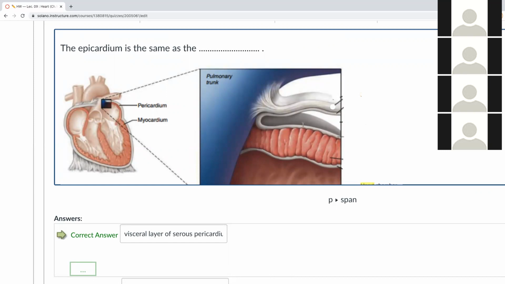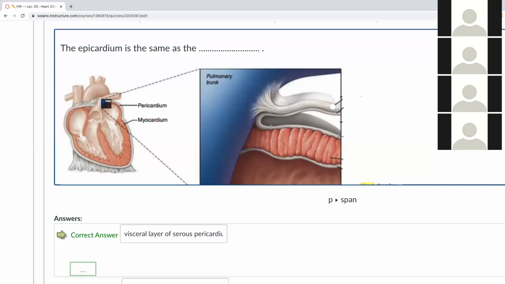So serous pericardium has got two layers. Serous pericardium, which lines the fibrous pericardium, is called parietal, and serous pericardium, which covers the heart, is called visceral layer of the serous pericardium.